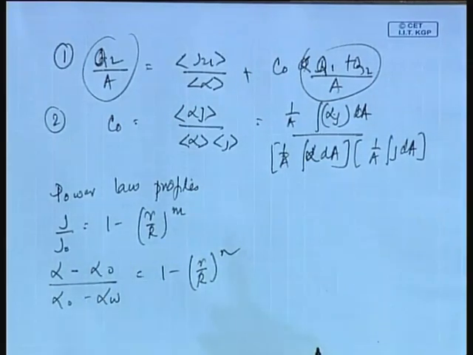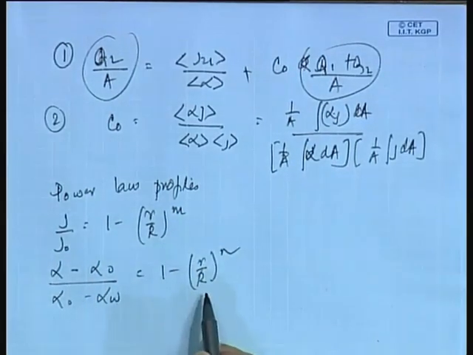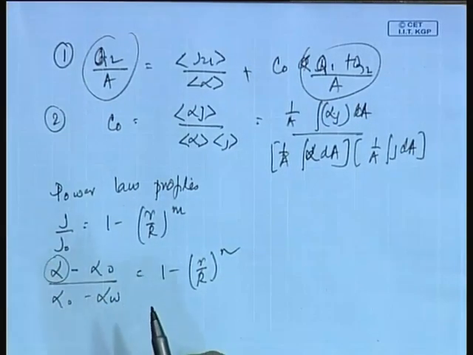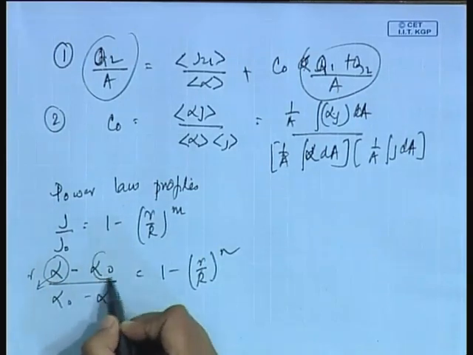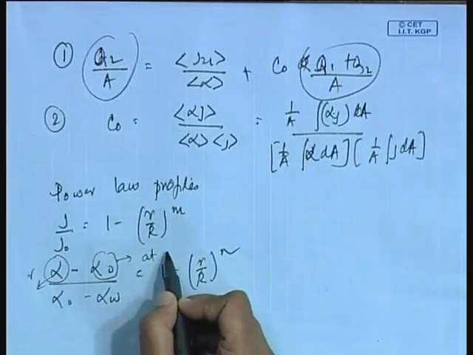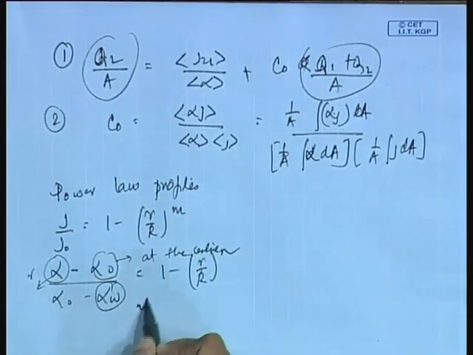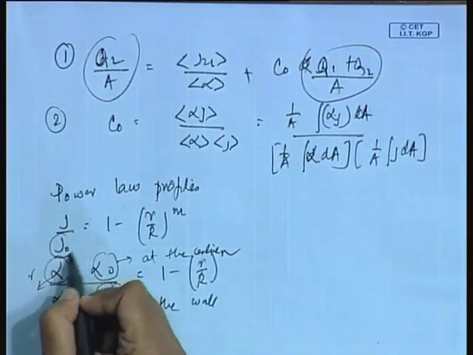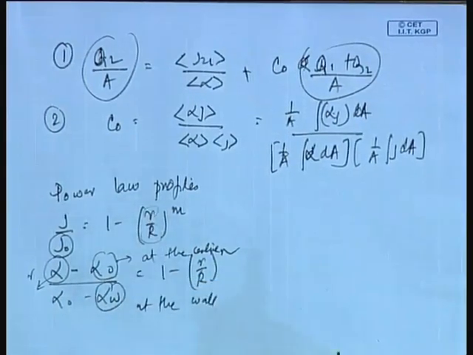Even in single phase flow you have found that we usually deal with power law type profiles. Remember that alpha is the average volumetric concentration at any particular radial location r, alpha 0 is at the center and alpha w is at the wall, which is usually equal to 0. Same thing, j0 is at the center, R is the radius and r is the radial distance.